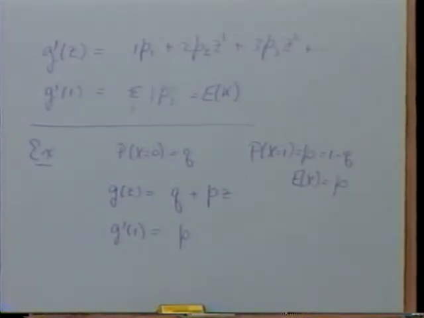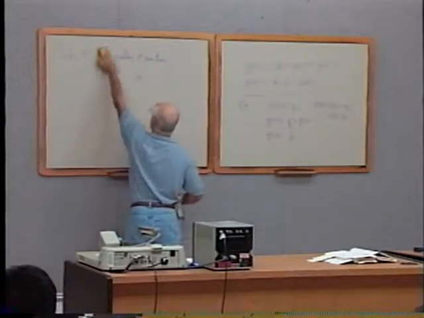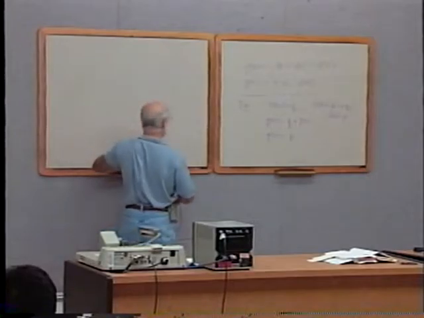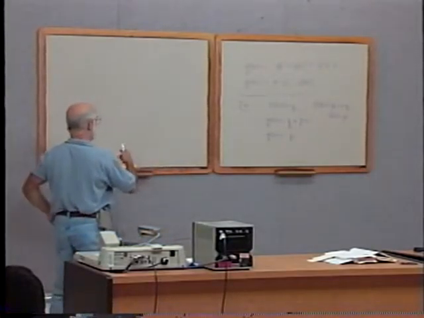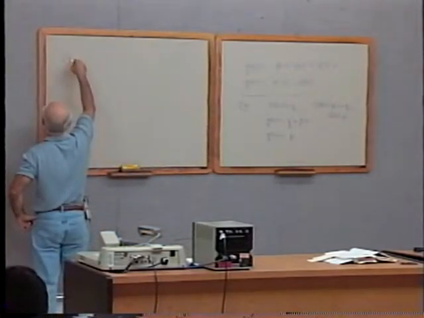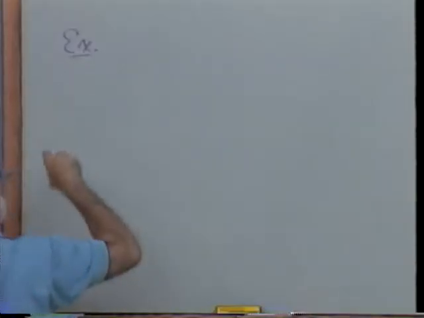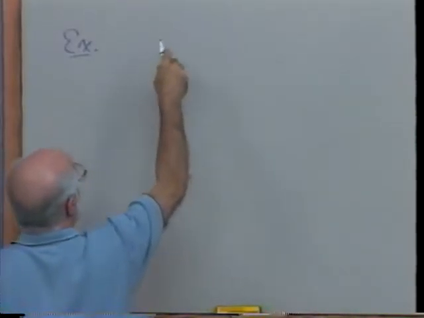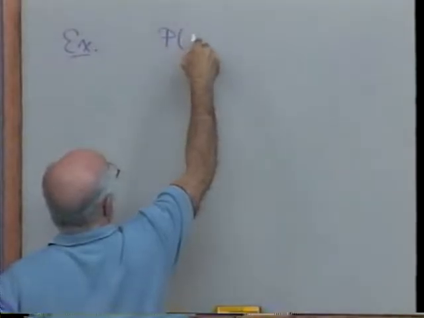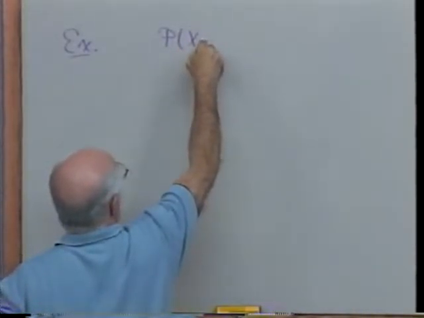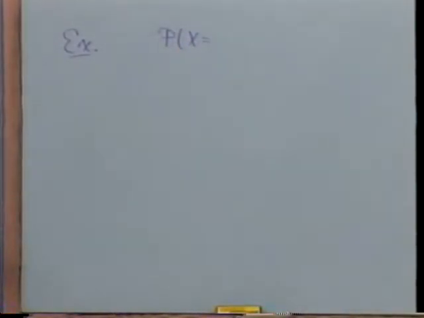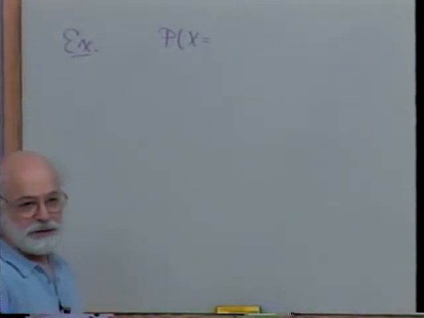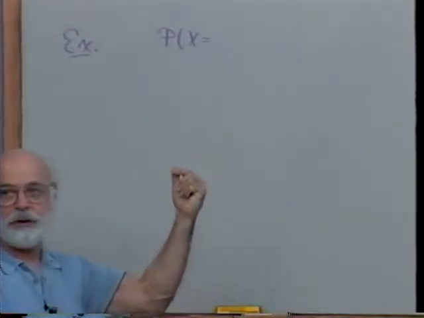All right, let me give another example. Take the case of the Poisson random variable. So here's another example. Suppose that the probability that x, in the book I may have called it by some other name. I keep on changing my mind as to what the name should be, x, k, but I think in context here it's all clear.